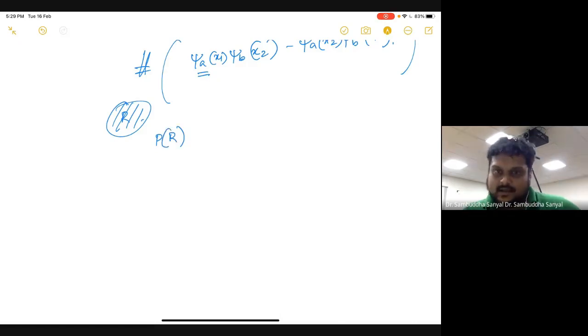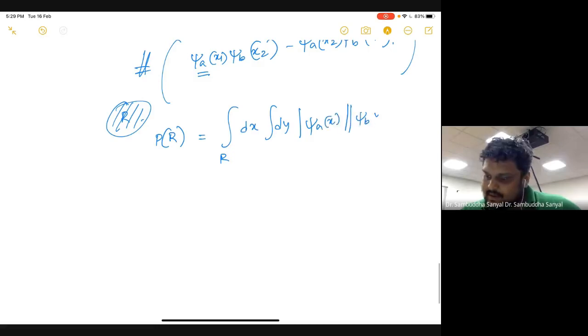That will be the integral dx over R, integral dy of the mod square of psi a x psi b y, if they would have been distinguishable, right? So this is the R part, only the R region, but this y is the full y region.